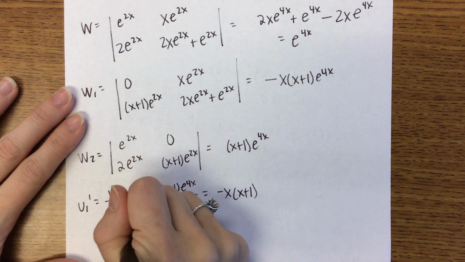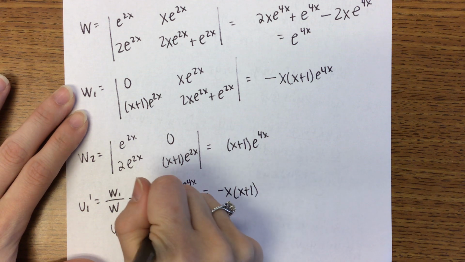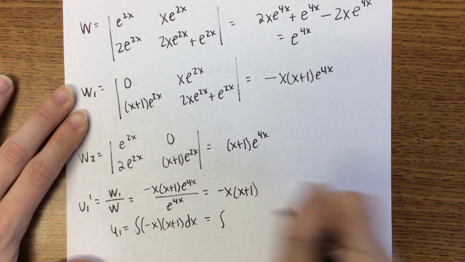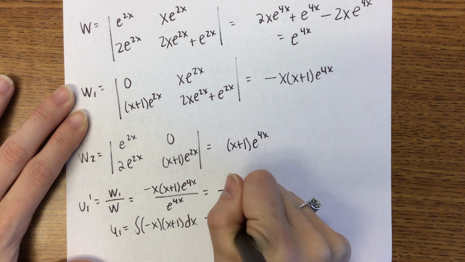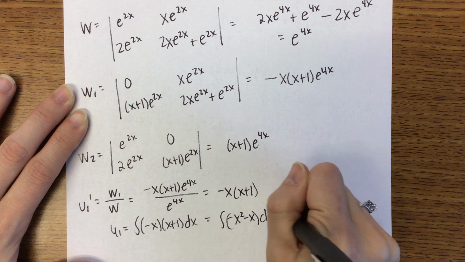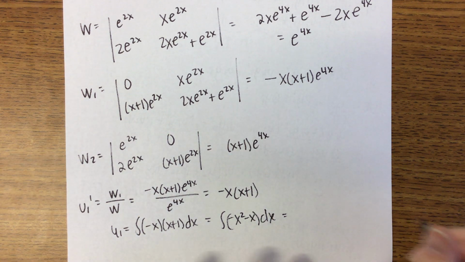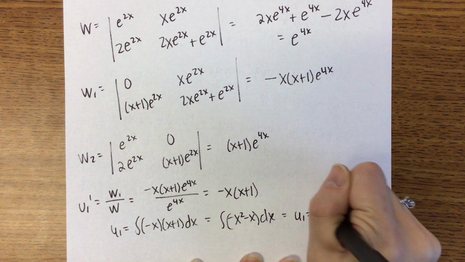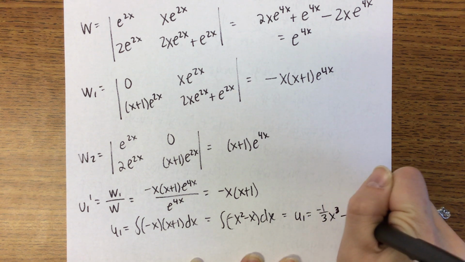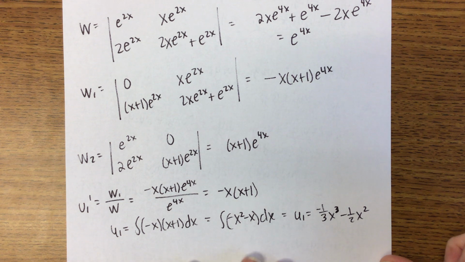Our u1 then will be when we integrate that. So that's negative x squared minus x. So our u1 ends up being negative 1/3 x cubed minus 1/2 x squared.